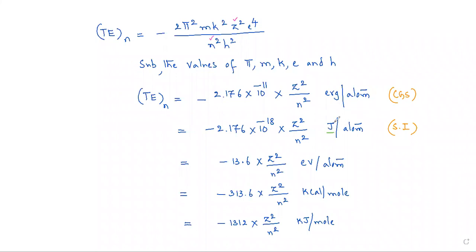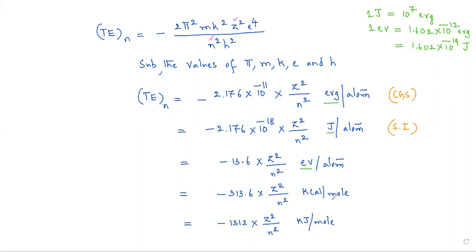Here there is joule, here there is erg. Now, what is the relation between joule and erg? 1 joule is equal to 10 power 7 erg. Now, there is this electron volt. 1 electron volt is equal to 1.602 into 10 power minus 12 erg, or the same thing multiplied by 10 power minus 19 joules.